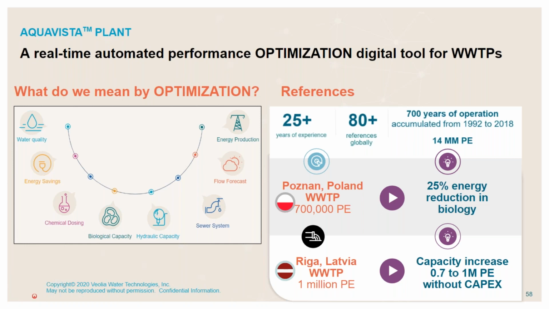And again, it's all the stuff behind it, very elaborate algorithms that we've developed over 25 years and employed successfully in many small and, as you can see on the screen, very large facilities up to 1 million population equivalent and more.